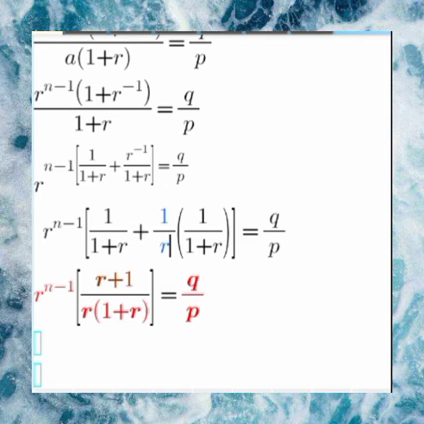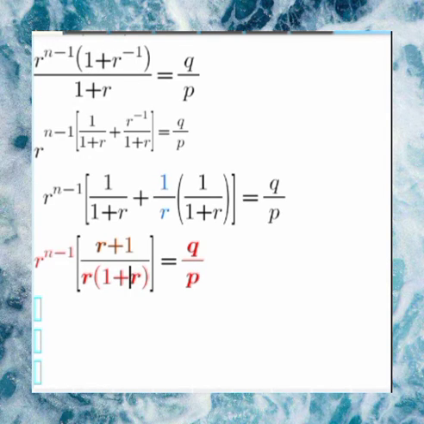So when I factor that out, 1 plus r, when it goes into r into 1 plus r, we are left with r. r times 1 gives us r. Then when I divide by r into 1 plus r here, I'm left with 1 times 1, I get this. So we can easily see that the r plus 1 in the numerator and the r plus 1 in the denominator can easily cancel out each other.